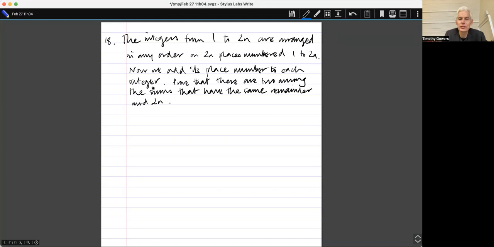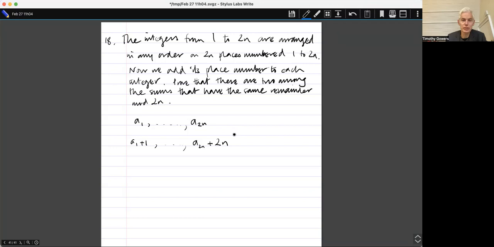So for example, let's write down, I've got the numbers a1 up to a2n, and those are the numbers from 1 to 2n in some order, and I can think of it all as being mod 2n. And now I'm looking at the numbers a1 plus 1 up to a2n plus 2n, and the aim of the game is to prove that those are not all distinct mod 2n.